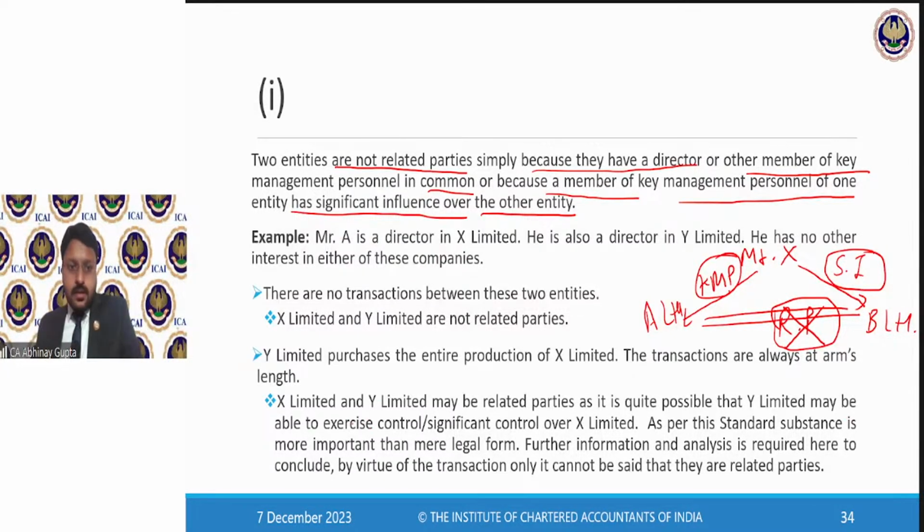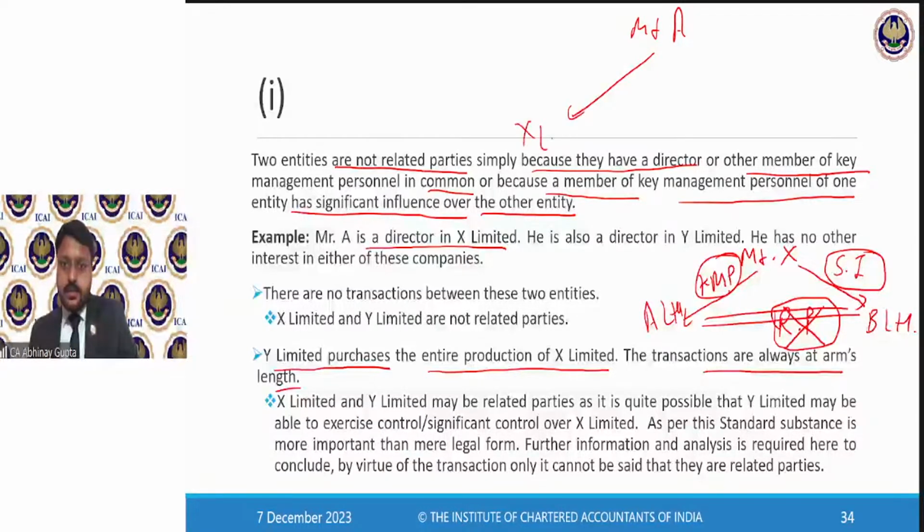Now, Y Limited, let's do an example. Y Limited purchases the entire production of X Limited. The transactions are always at arm's length. And Mr. A is a director in X Limited. So director means KMP basically, so I am writing here as KMP.